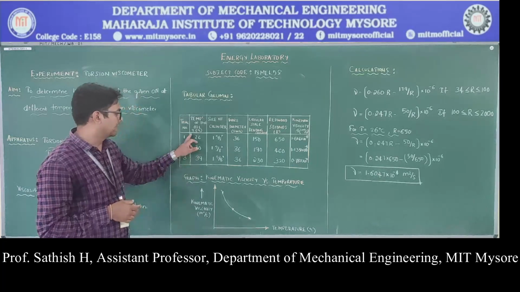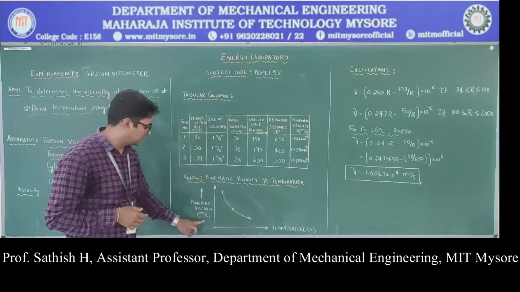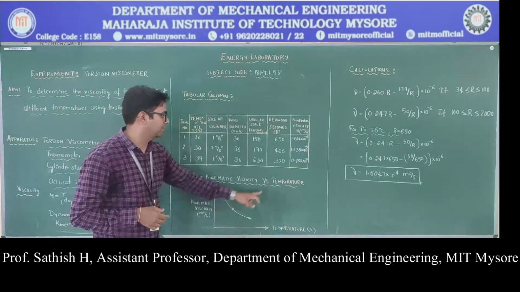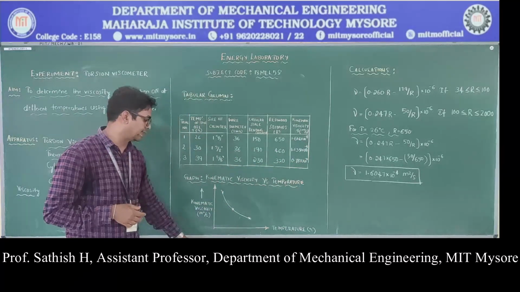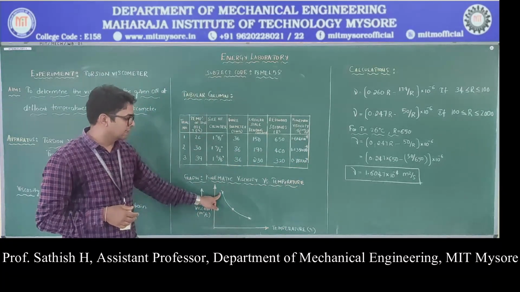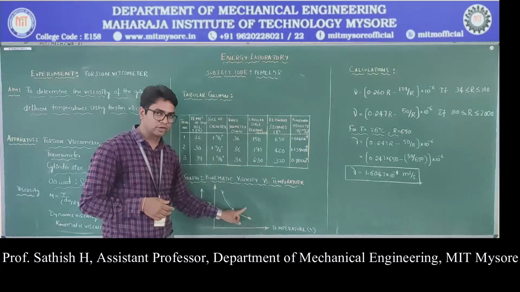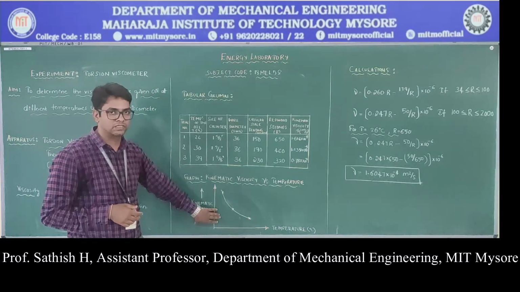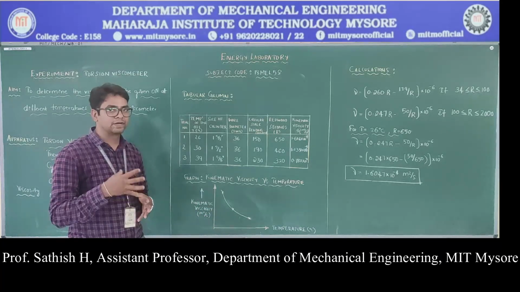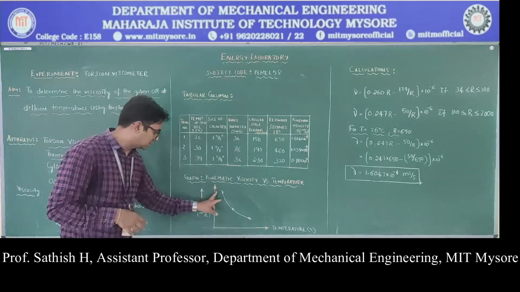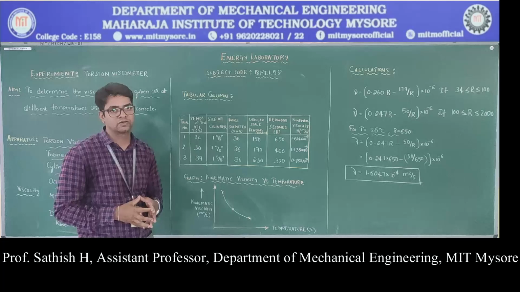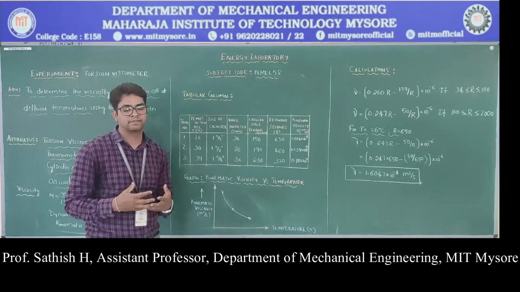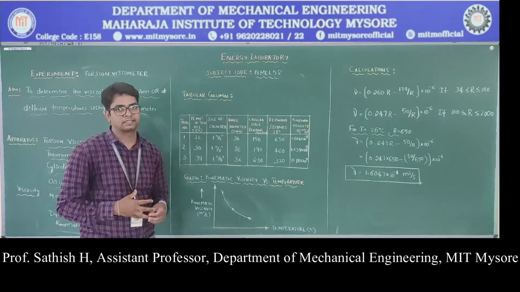So 26, 30 and 39 are plotted on the x-axis, and these values are plotted on the y-axis. After plotting the 3 points, you join them with a curve, and you can see from this curve, as the temperature increases, the viscosity reduces. That is the relation between the temperature and the viscosity.